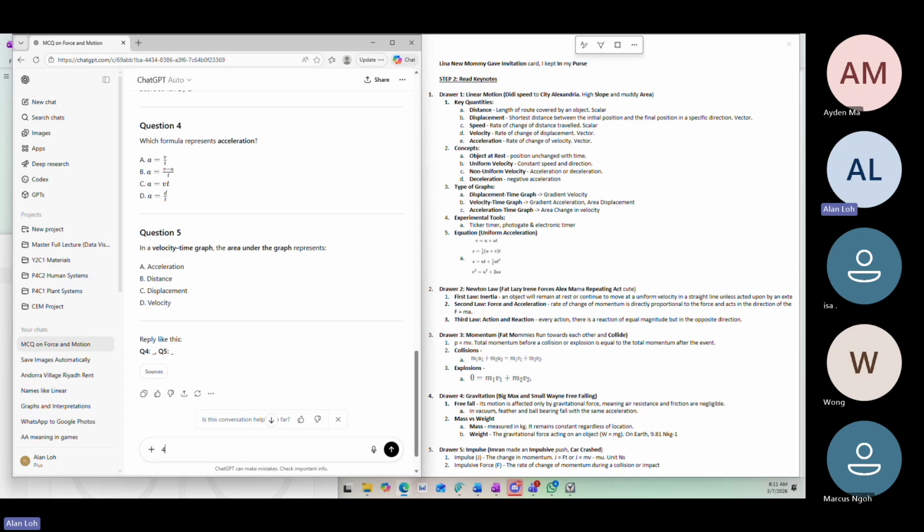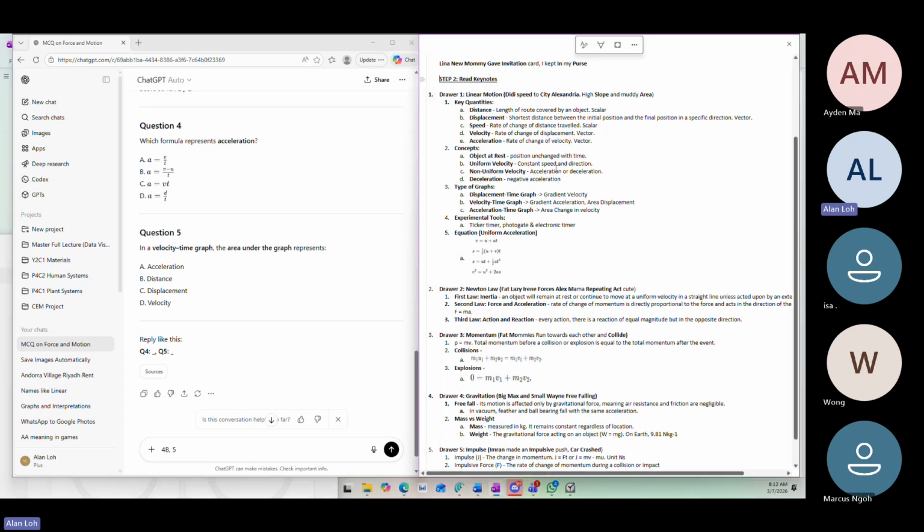So number 4 is B from Xingling. Anyone want to try number 5? In a velocity time graph, the area under the graph represents what? Check on the reference.